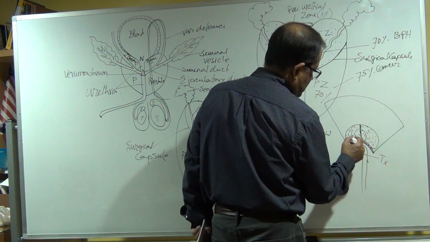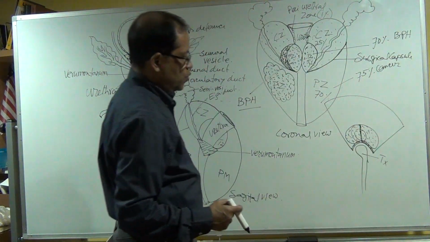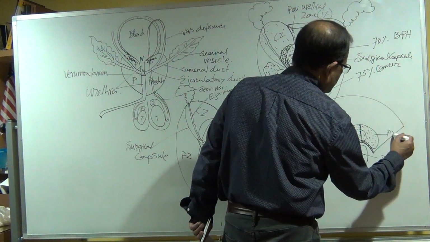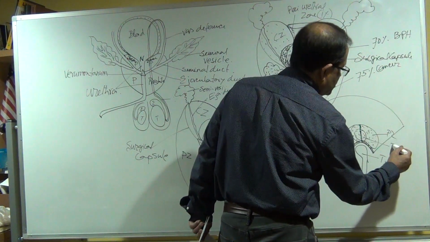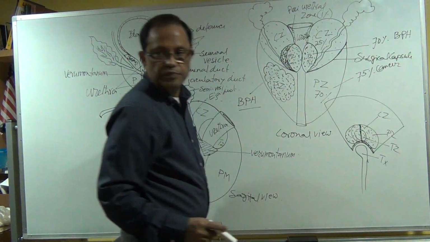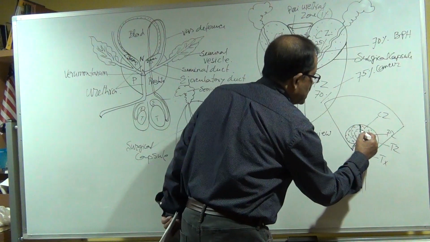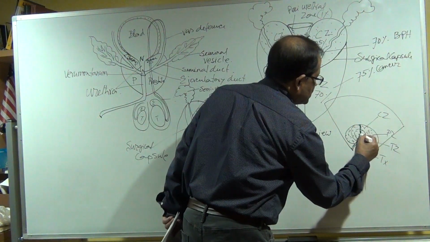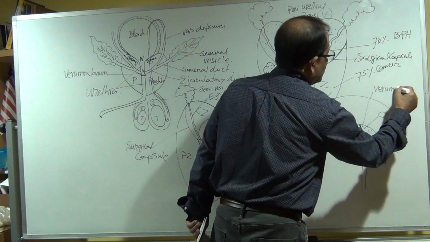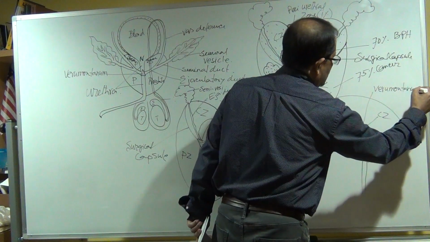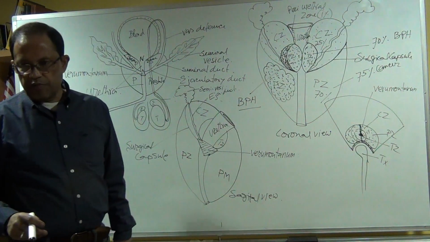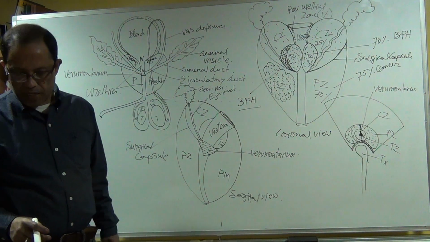You just need to get a little used to understand where the peripheral zone is. Definitely this would be the peripheral zone. Close to the urethra, that will be the transitional zone, and this will be the central zone. And if you see the dark triangular area here, that is the verumontanum. And the verumontanum is the site where the ejaculatory duct joins with the urethra.